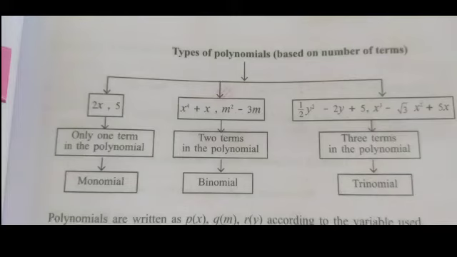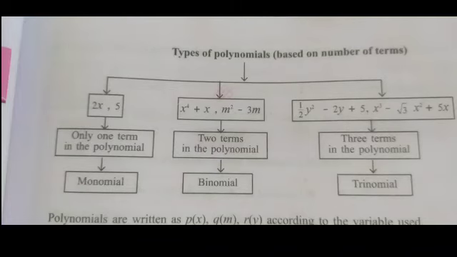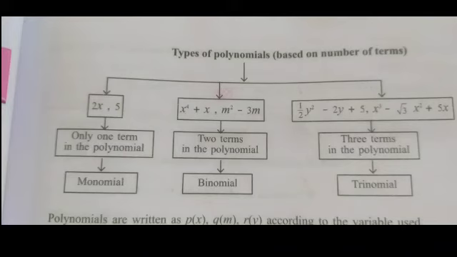In the second block, we can see x raised to 4 plus x and m raised to 2 minus 3m. Two terms are there in the polynomial, and that's why this polynomial is called a binomial.